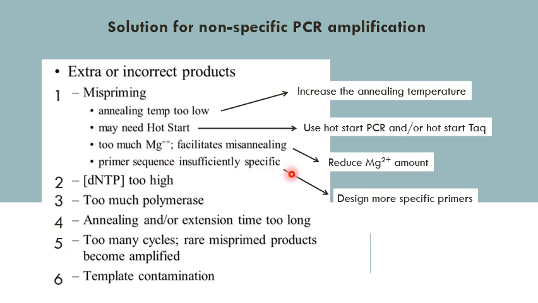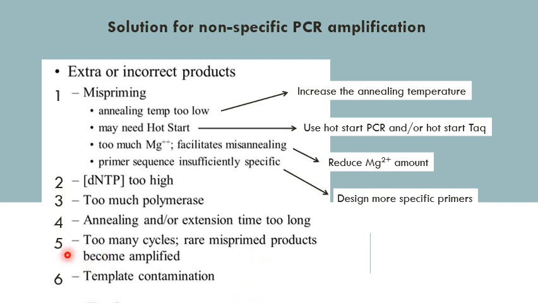You have to design more specific primers so they can exactly anneal to your annealing sites. Sometimes you have extra product because of too many dNTPs, too much polymerase, the timing is not adjusted, or the number of cycles is high, so you have to reduce it.